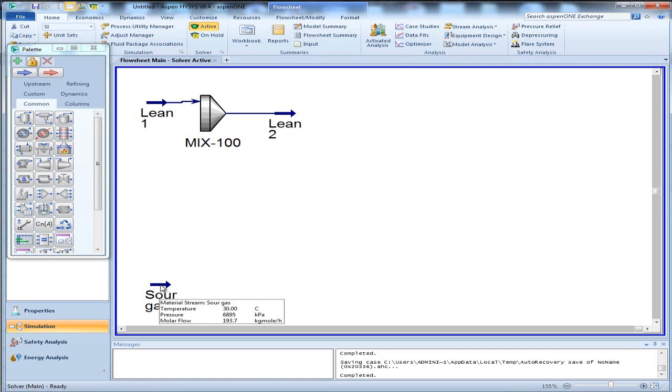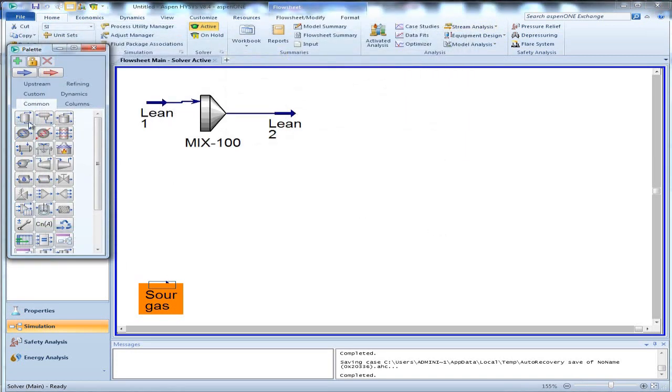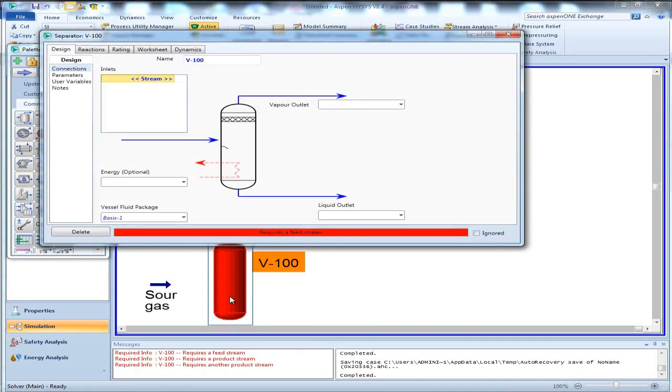Well, now first we will check whether the sour gas contains a liquid phase or not. In this case, the vapor fraction is not completely 1, so we have to knock some liquid out by using the flash drum, and the vapor will go to the contactor.